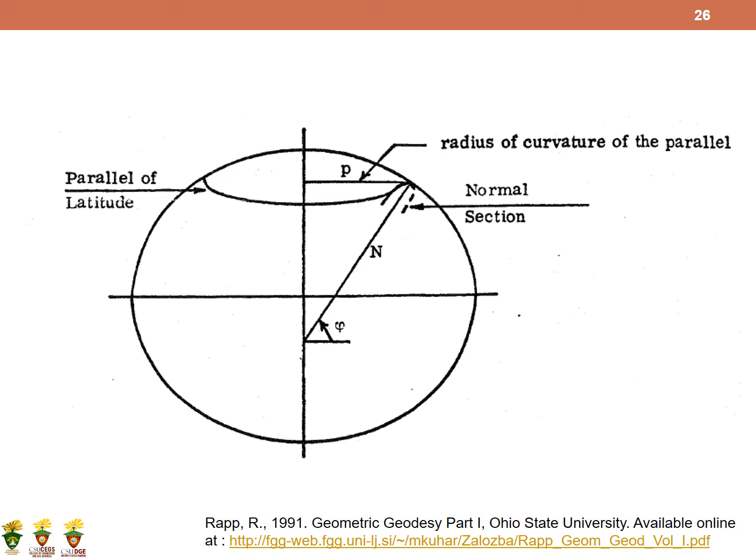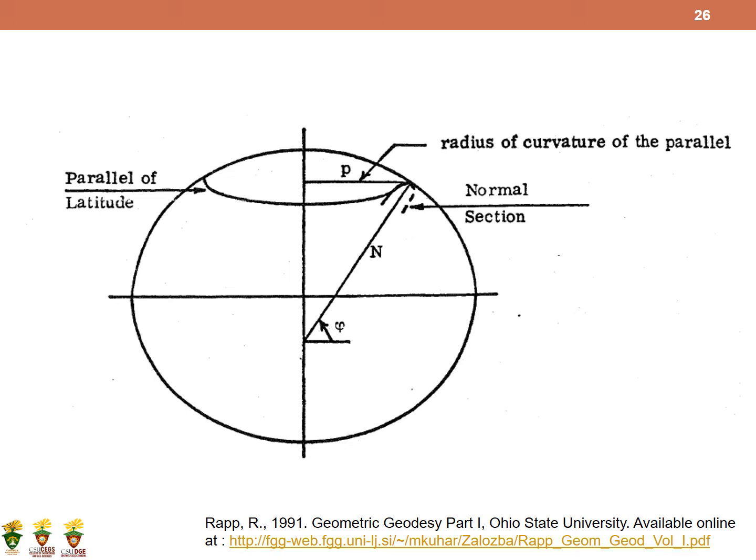From the point to the z-axis, that's what we call the prime vertical section radius, denoted as N. And the angle from the horizontal line going to the location of the point where you are located is what we call the geodetic latitude.